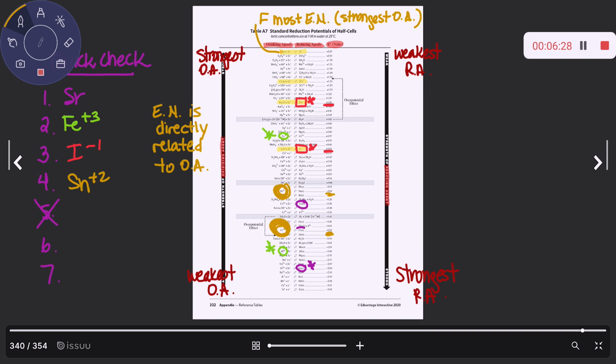Okay, let's take a look at 6 and 7. What's the reduction potential of Ag plus 1? So that means what is the voltage? What's the actual number over on the right-hand side of the half reaction for Ag plus 1? Ag plus 1 is right here.